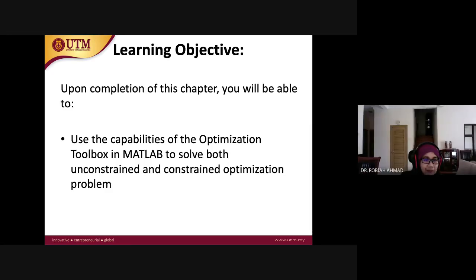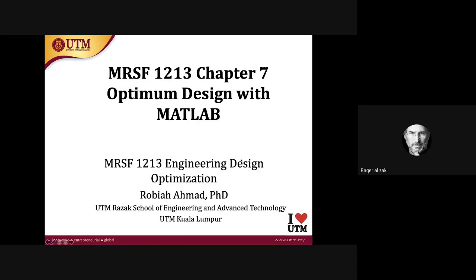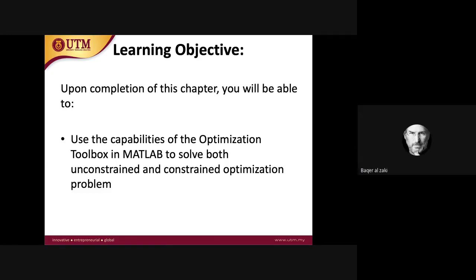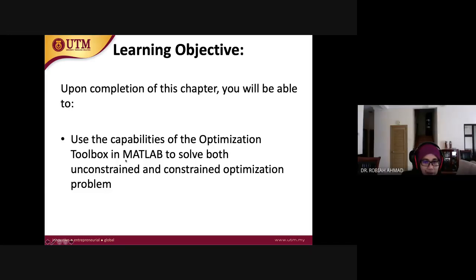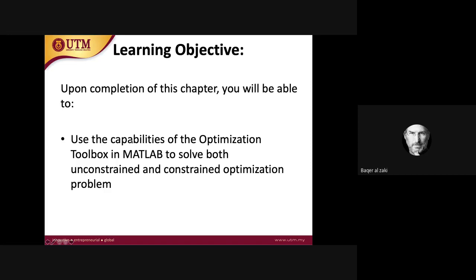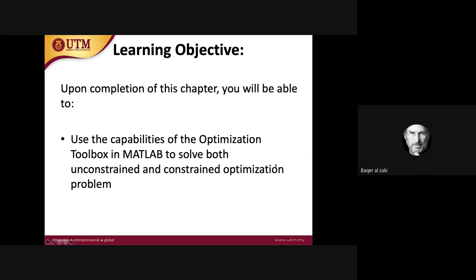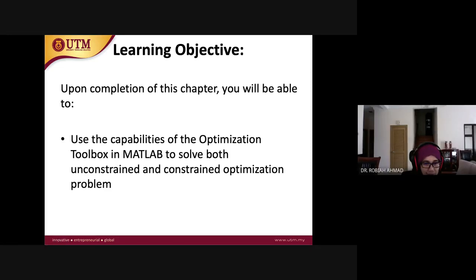MATLAB helps us to solve these optimization problems that we have been looking through previously, using some of the toolbox that they have in their software. So that's why the learning objective for this chapter is that you are able to use the optimization toolbox in MATLAB to solve both unconstrained and constrained optimization problems. We look into unconstrained and constrained optimization slowly.